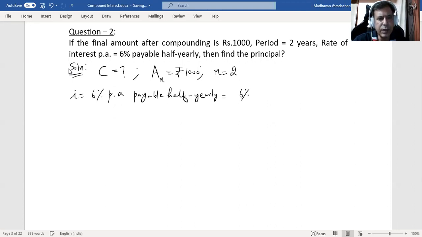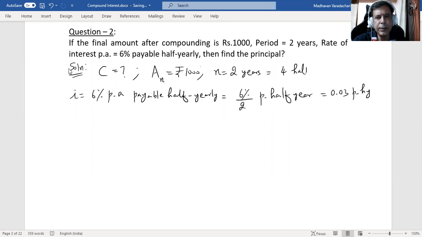So 6% divided by 2 per half year, which means it is 3% or 0.03 per half year. And since it is payable every half year, the number of half years in 2 years will be 2 into 2, so 4 half years.